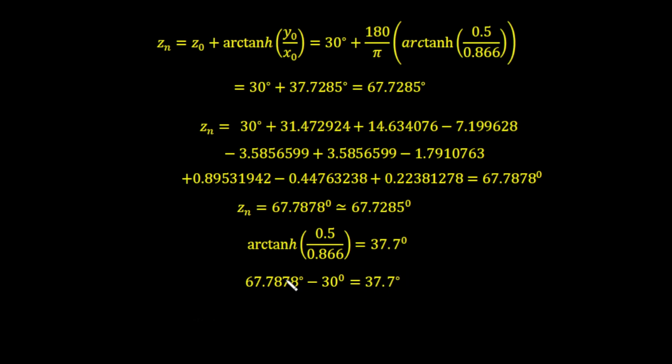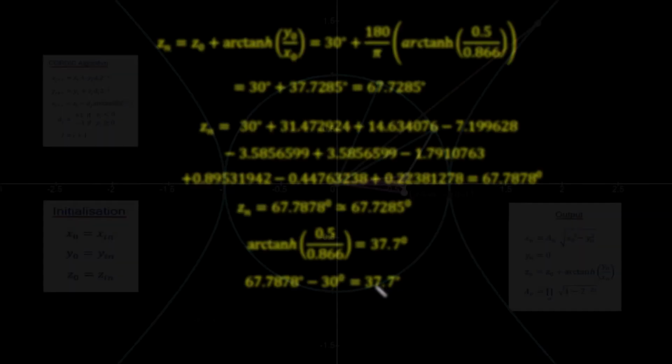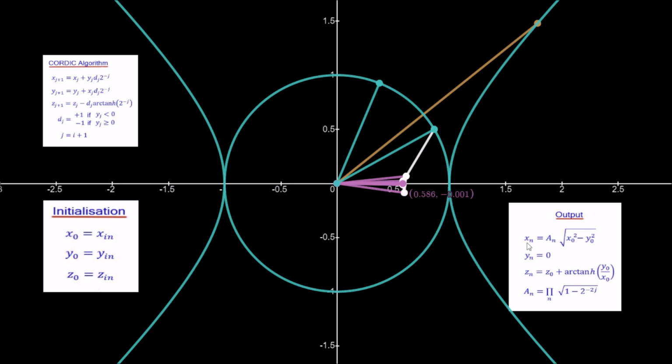So we can see here that we are actually correct to within 0.1 of a degree. So we have worked out the output Zn, and we've also seen that the value for our yn will tend towards 0.